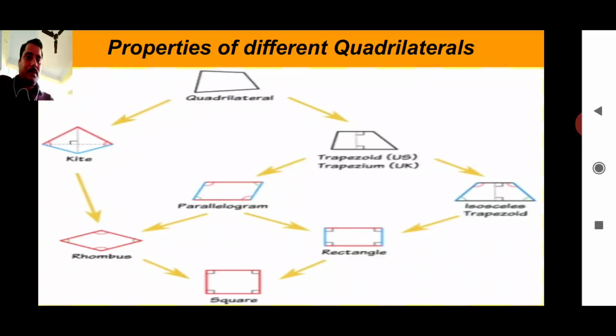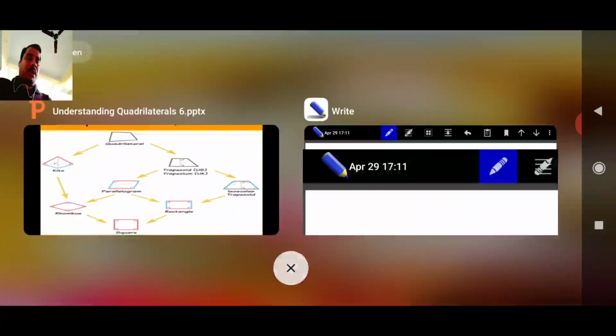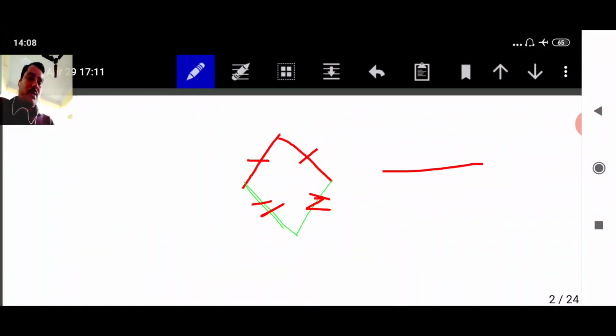Next one, you can see here a trapezium or trapezoid. It is called a trapezoid in the USA and a trapezium in the UK. We follow the UK, so in India we know it as a trapezium. What is a trapezium? A trapezium is a quadrilateral in which one pair of opposite sides is parallel. You can see here one pair of sides is parallel, this is parallel, this is non-parallel.